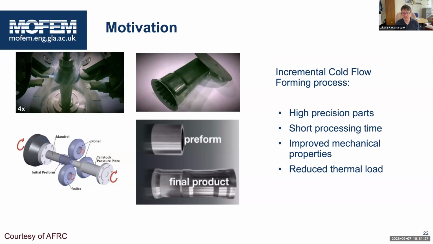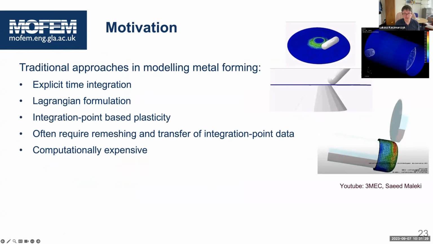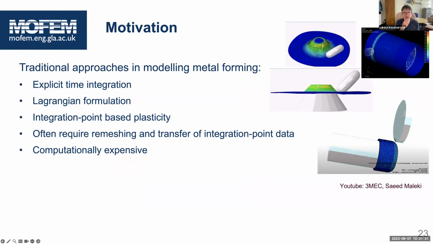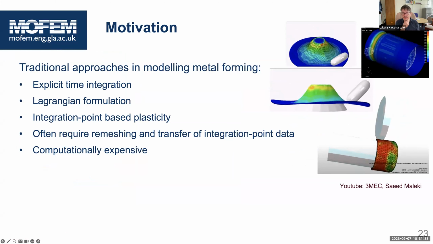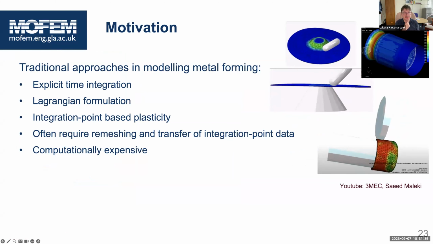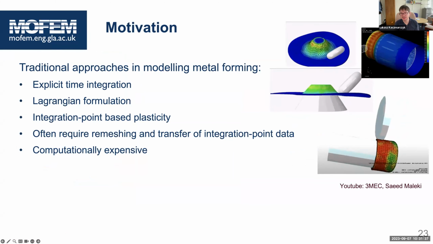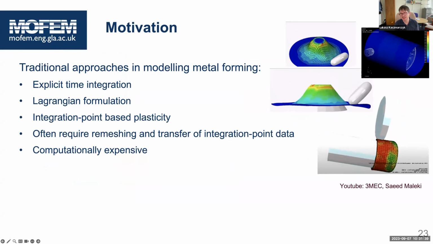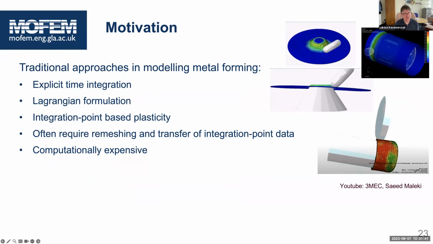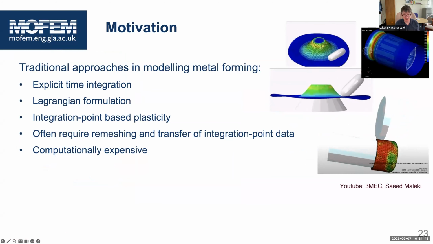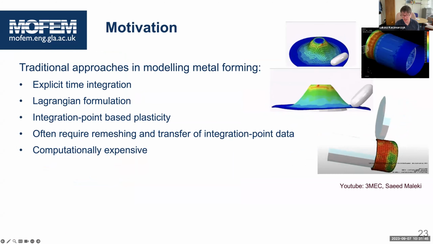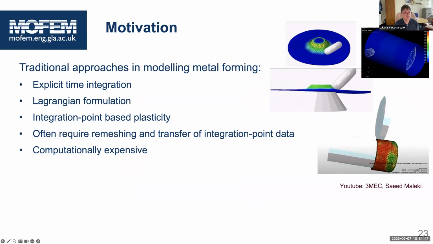So what we try to do, instead of applying an explicit method, is to solve that problem applying implicit time integration, because that allows us to control errors better, so we know whether we are wrong or right.